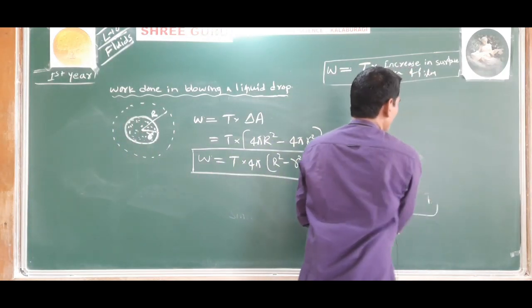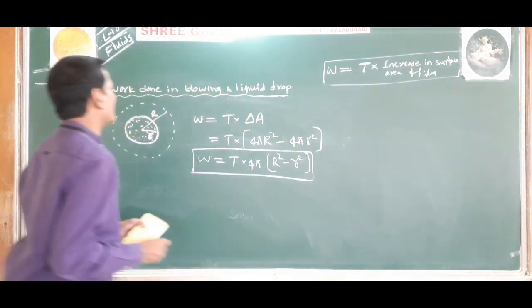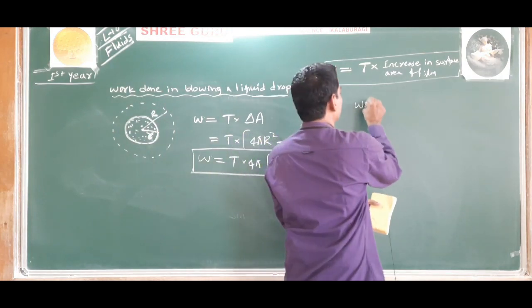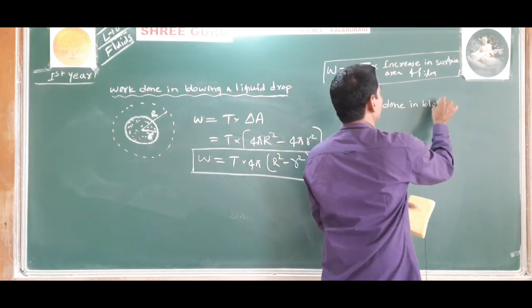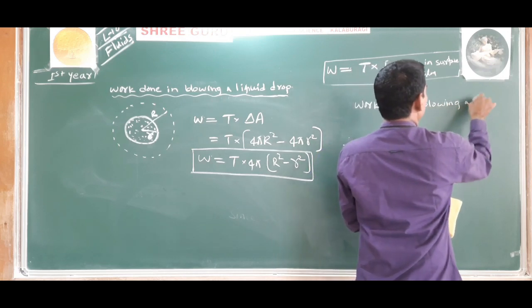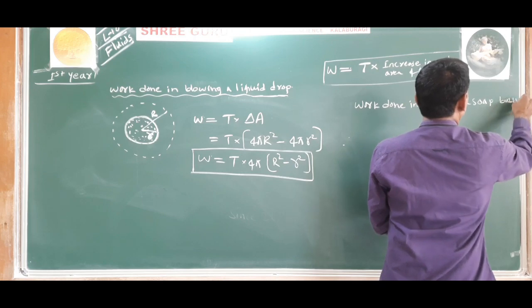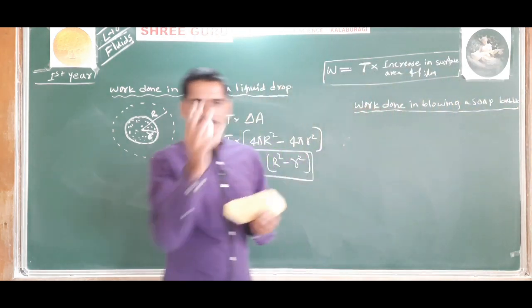Now let us find the work done in blowing a soap bubble. These two are important for CET as well. You know the soap bubble? While washing clothes, many bubbles will come.